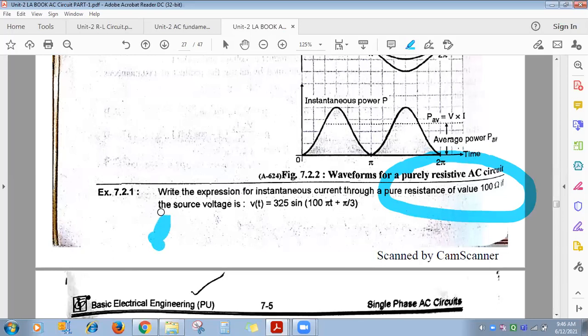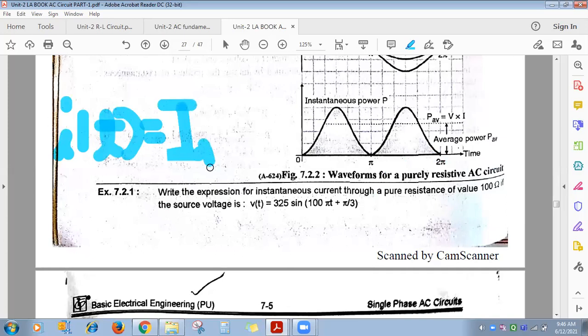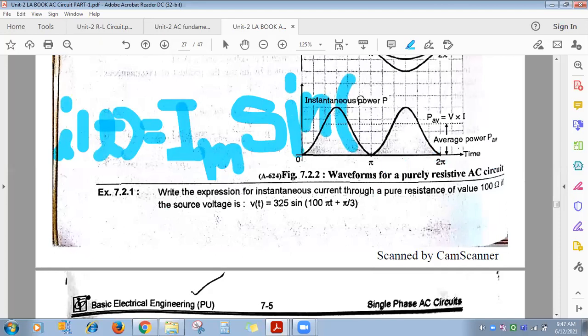So what will be the current expression? No phase difference between voltage and current, so I of t standard equation will be Im sine of 100 pi t. What about the value of omega? Same, 100 pi t.